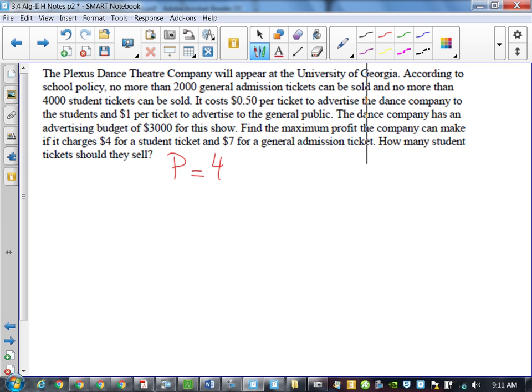I hate using S, but sometimes you kind of have to. For a student, and you make $7 profit for general admission. Okay. Can you sell negative tickets? No. So what quadrant should we throw in? It's our first quadrant probably.